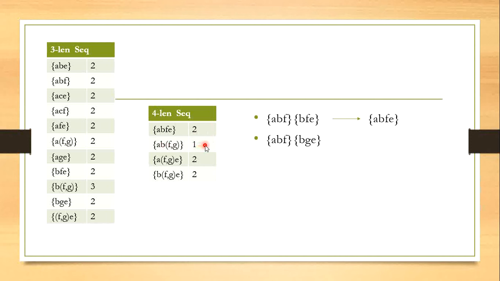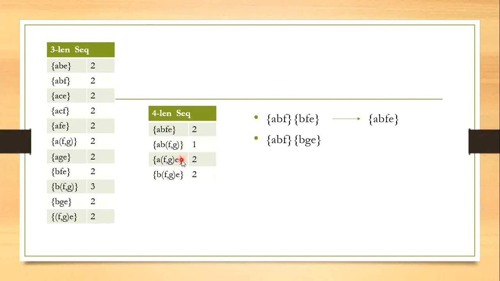Here we can have only 3 frequent sequences, and if you observe clearly, we cannot generate a 5-length candidate sequence from this 4-length sequence because this is not frequent. We cannot use it anymore, and we are having only 3 sequences. If I remove the first item A in S1 and the last item E in S2, then in S1 the subsequence is BF, in S2 the subsequence is AFG, which is not equal.